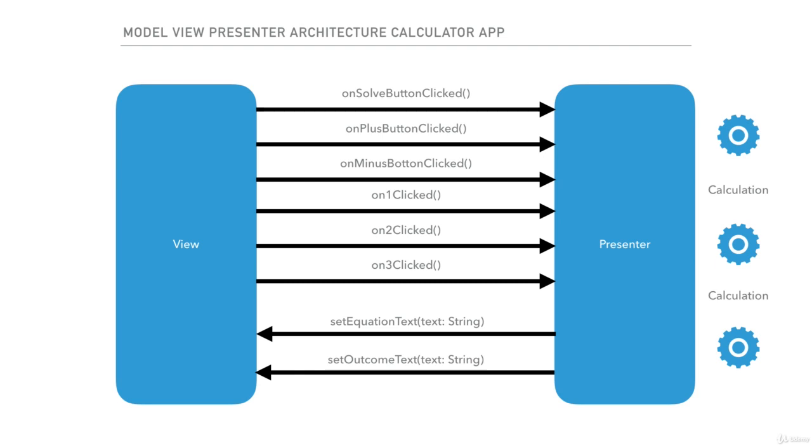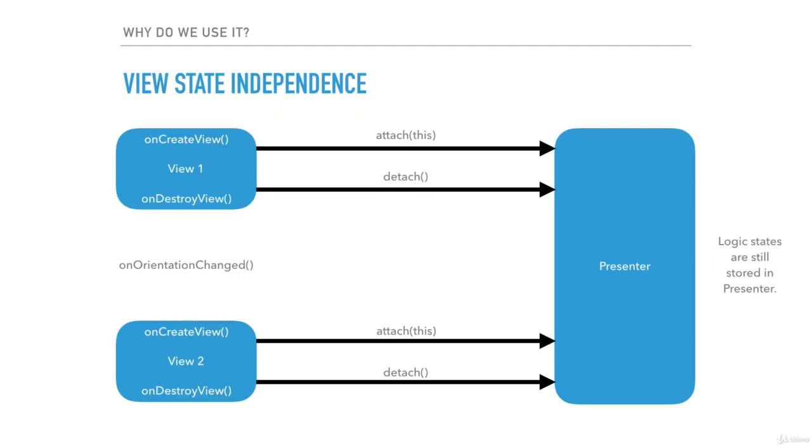And then the presenter says, okay, view, now update the equation and update the outcome text. So the view doesn't have a brain, like I already said. The view is just passing all events, like on plus button was clicked or on 1 was clicked, to the presenter. The presenter is doing some calculation and then says, okay, view, now set the equation text or now set the outcome text.